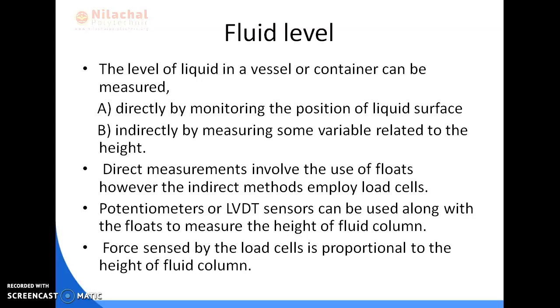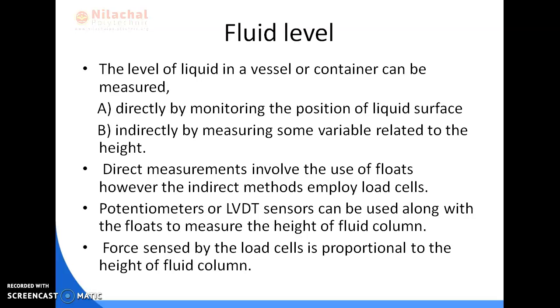As we know, pressure equals rho g h, where rho is the density of the fluid, g is the gravitational constant, and h is the height of the fluid. If we are able to calculate the pressure of the fluid inside the pipe, then we can easily calculate the height of the fluid as h equals P by rho g. So this is the indirect method of measuring the fluid level.